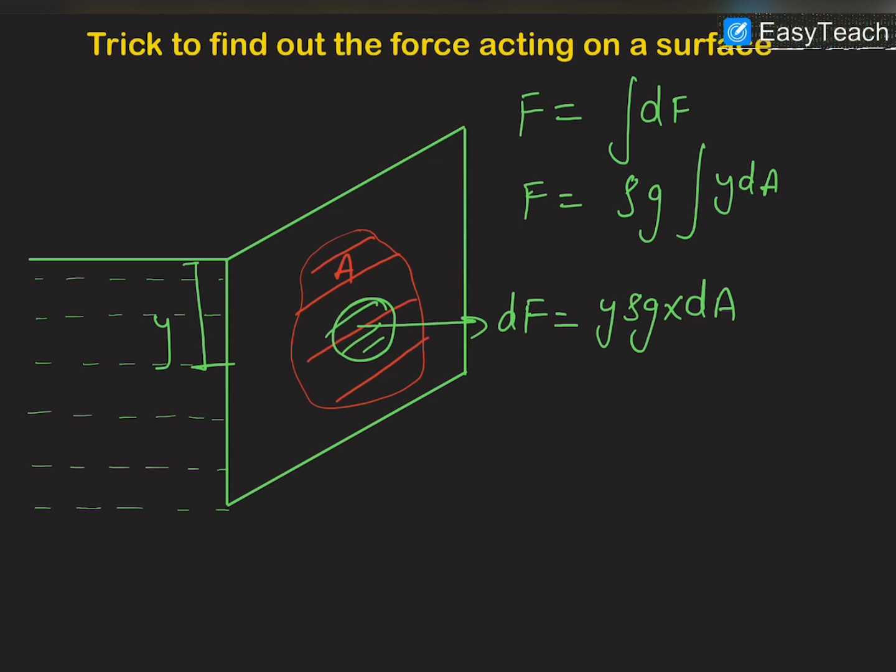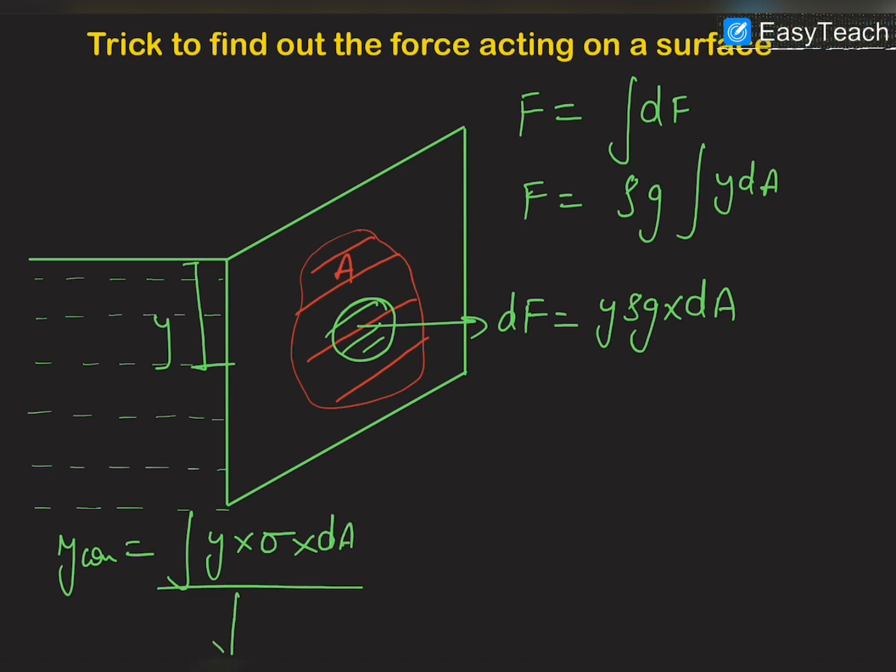Now we know that the center of mass coordinate ycom will be integration of y dm upon integration of dm, where dm is sigma into dA, small area, where sigma is mass per unit area.